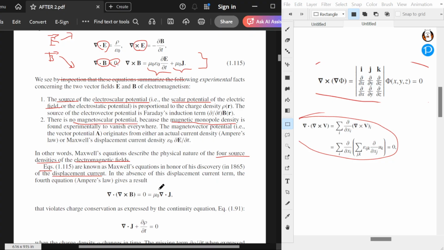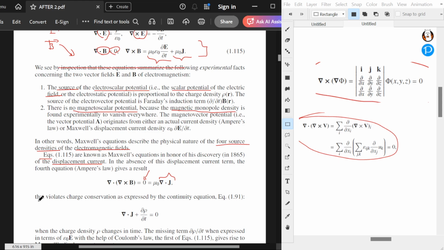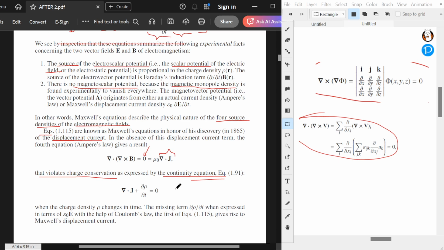Without a displacement current, zero is equal to a constant times the divergence of J. That violates charge conservation as expressed by the continuity equation, which says that the divergence term plus this equals zero. The charge has to go somewhere.